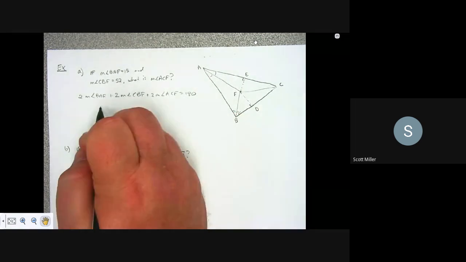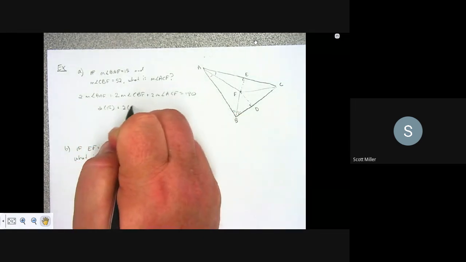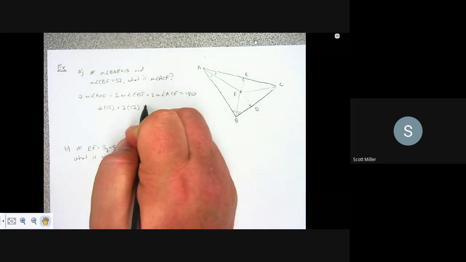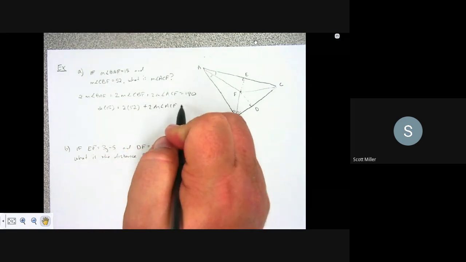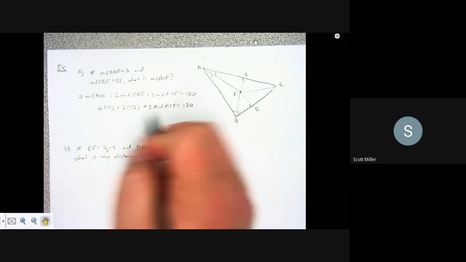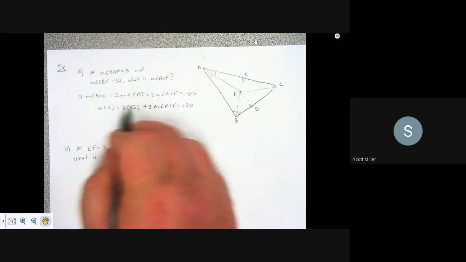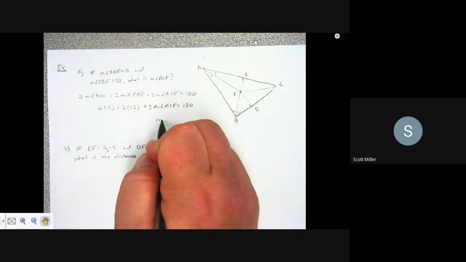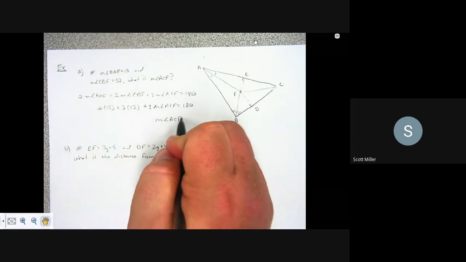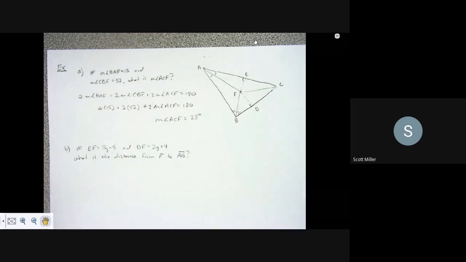Put in the numbers that you know, 2 times 15, 2 times 52, 2 times the angle we're looking for, and then start solving this all out. Multiply all this up, add them together, subtract it to the other side, then divide it by 2, and you'll get that our angle is 23 degrees. That's what we know.